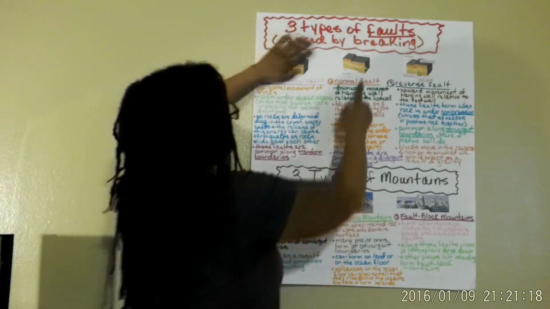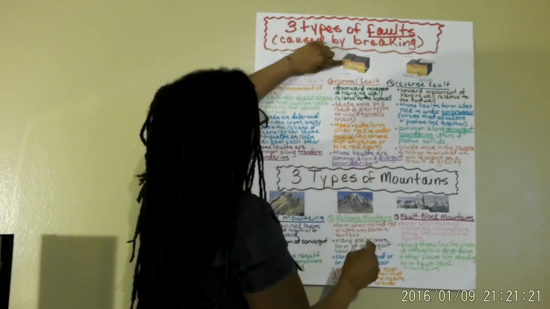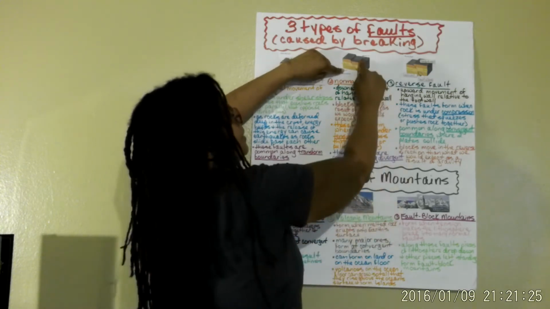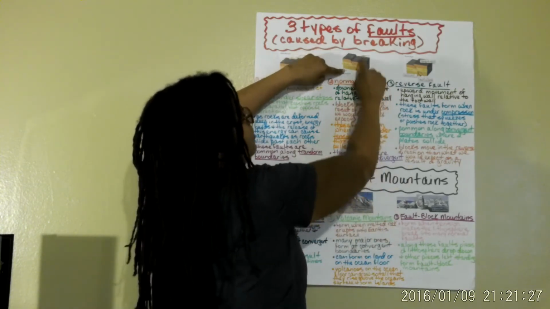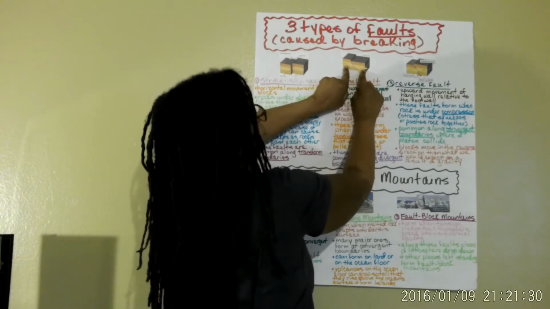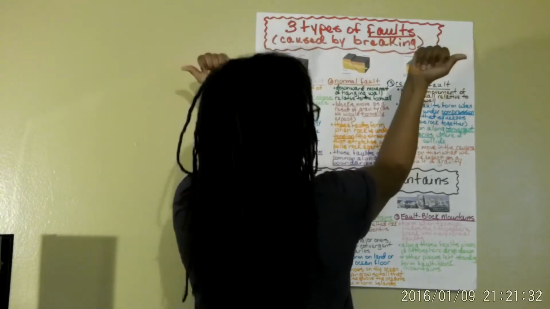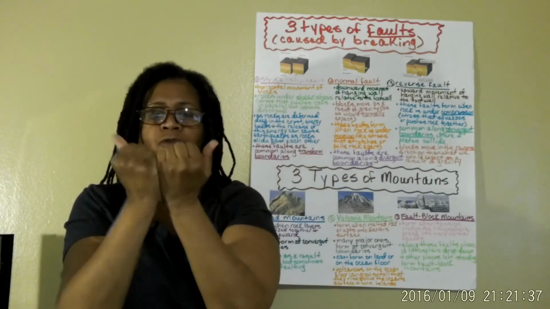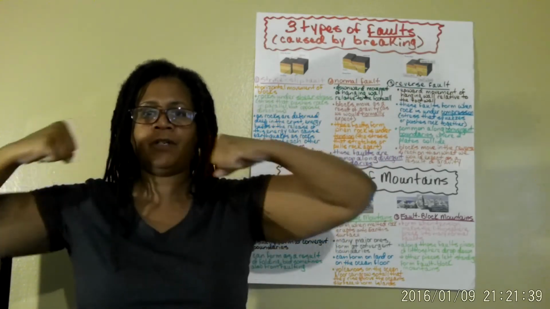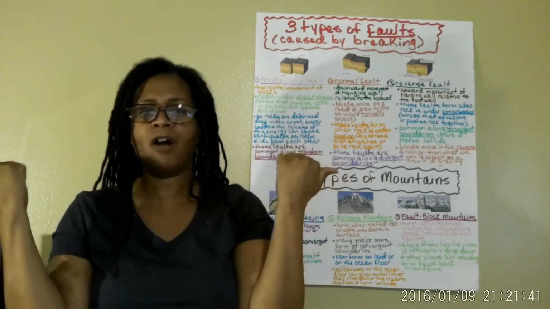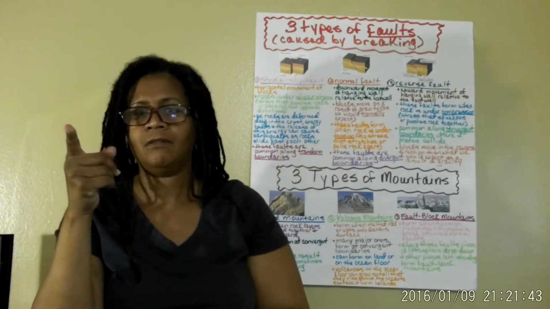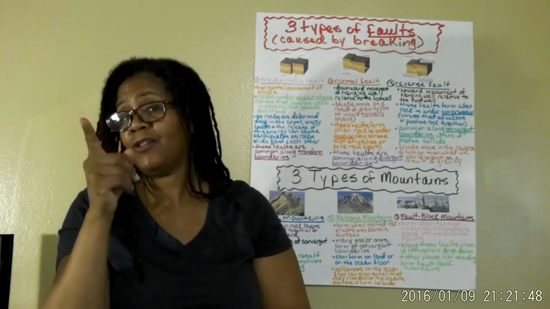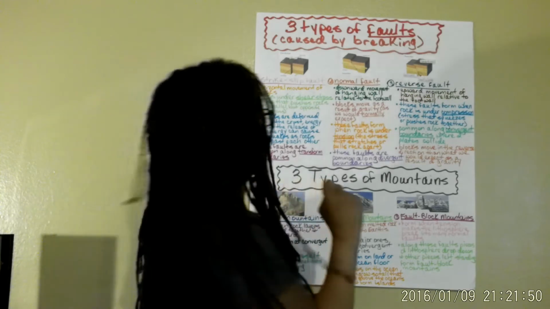So this part is called the foot wall. This part is called the hanging wall. And if you see these two arrows, they're moving apart from each other. So you remember from tectonic plates, when rocks move apart from each other, that's what type of boundary? I'll give you a second. And I hope you just said divergent.